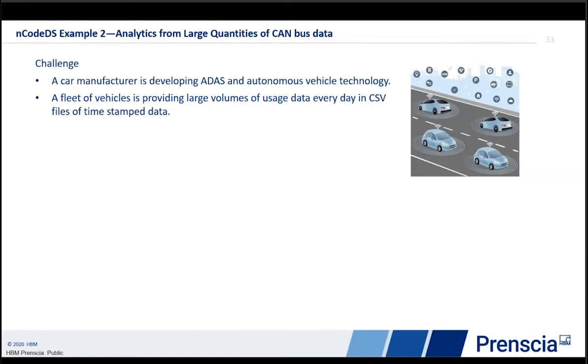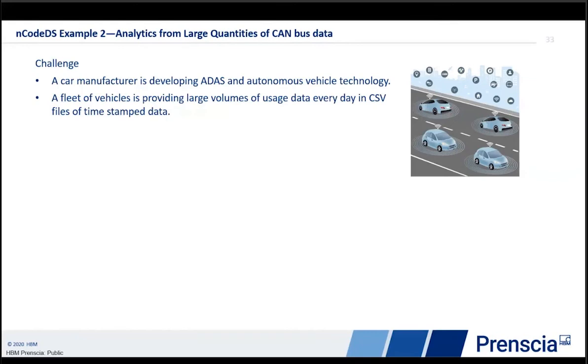So in this case, a car manufacturer is developing ADAS and autonomous vehicle technology, and a fleet of vehicles is providing large volumes of usage data every day in CSV files. Now, CSV files are not necessarily the most efficient or compact way of delivering data, but it's a very, very common way in a generic sense of delivering measurement data. And in this case, it's timestamp data.